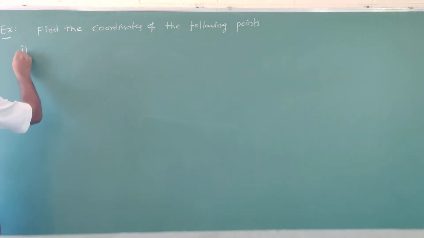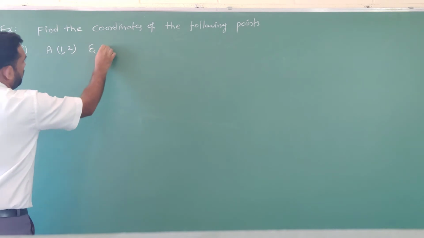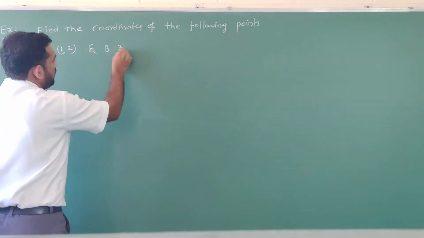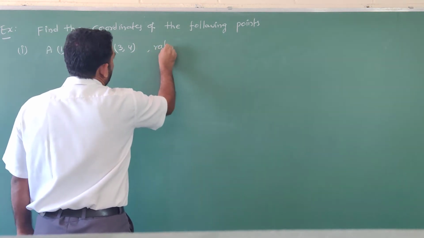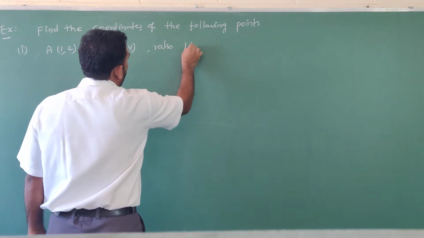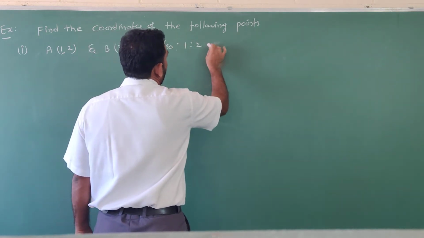First question, A (1, 2) and B (3, 4). Ratio 1:2 internally.